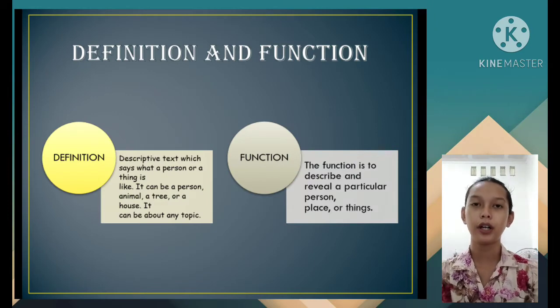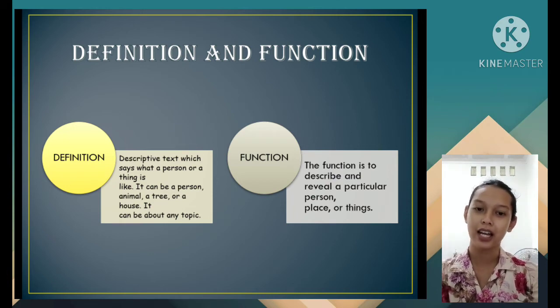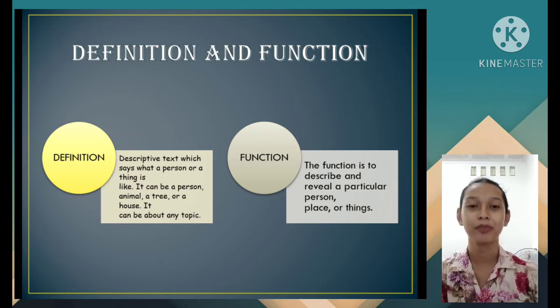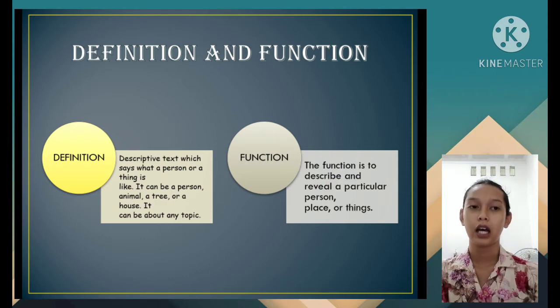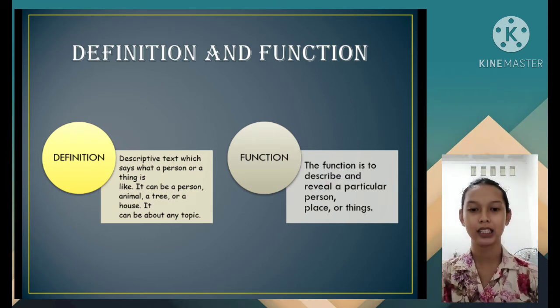For the definition, descriptive text says what a person or a thing is like. It can be a person, a tree, an animal, or a house. It can be about any topic. The function of descriptive text is to describe and reveal a particular person, place, or thing.